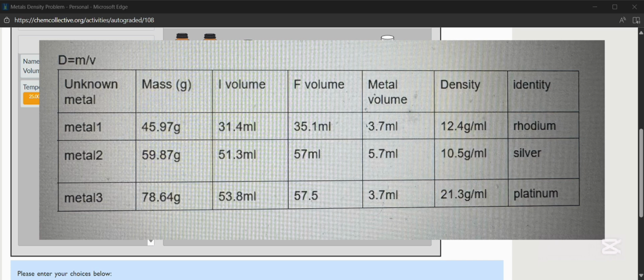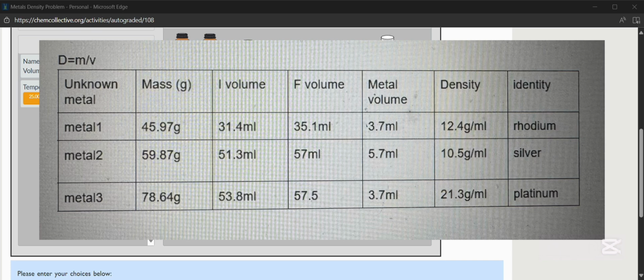To find our metal volume, we're going to put 57.5, take away the 53.8, which will get 3.7, which is familiar.